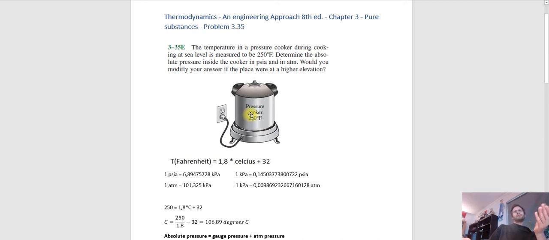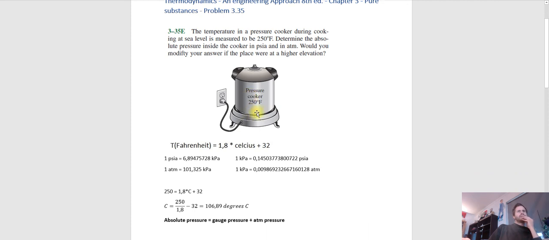I don't know how that pressure cooker works, but if there is something inside the lid, it's put on some specific pressure.